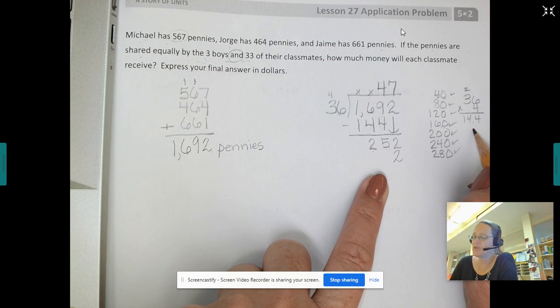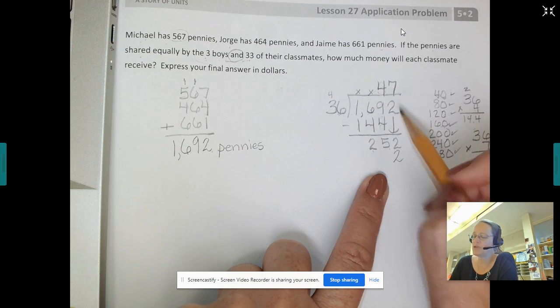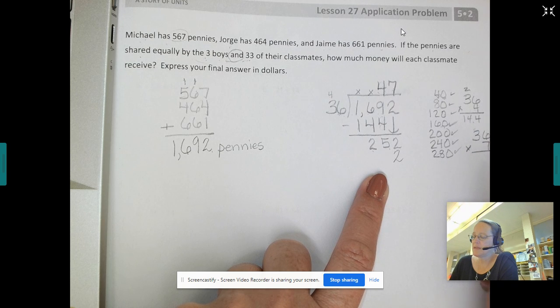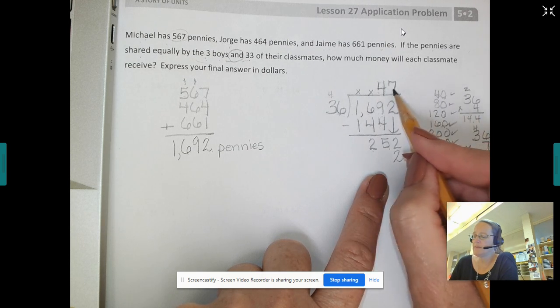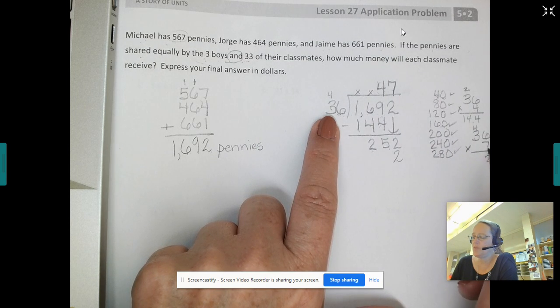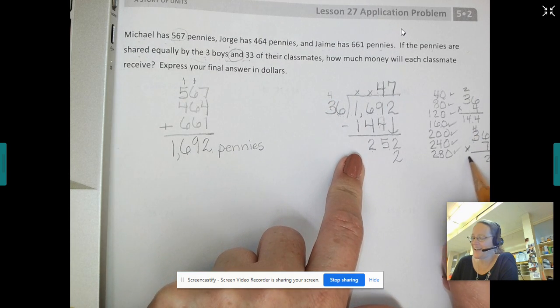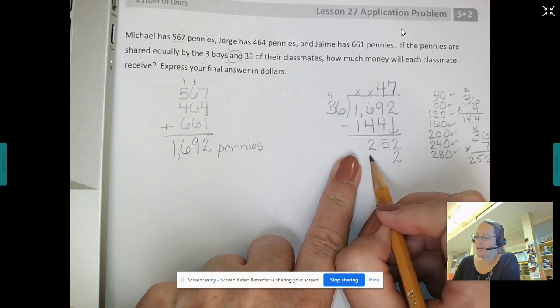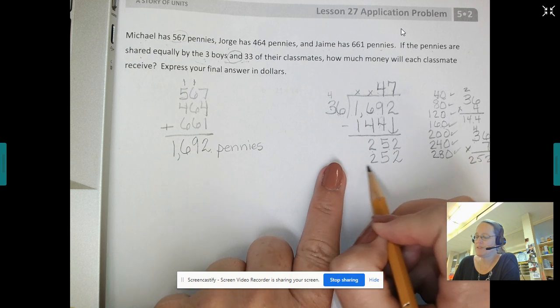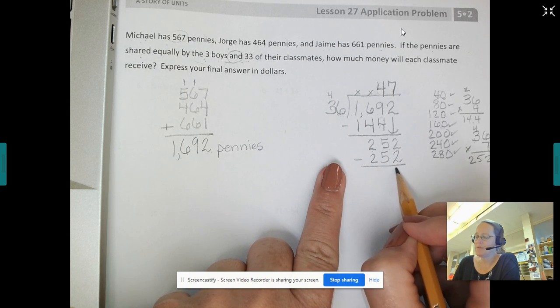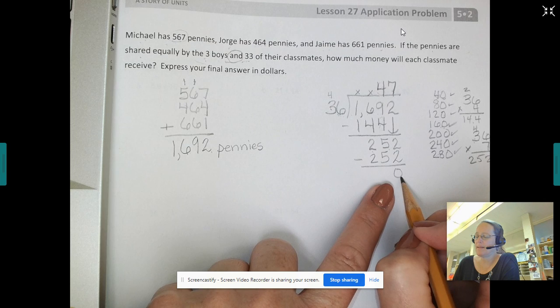And really, I'm just doing this same multiplication over here. 7 times 6 is 42. 7 times 3 is 21, plus 4 is, that's right, 25. So 252. Subtract, and I have nothing left over.